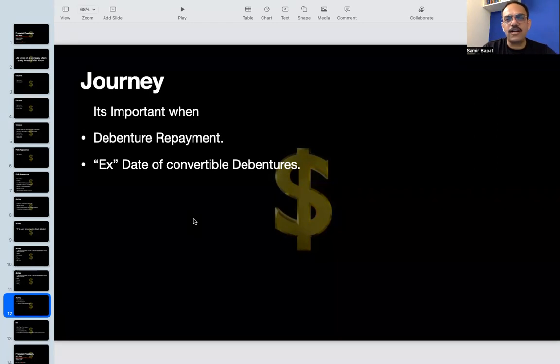Debentures will get converted into shares, and instead of money, shares will be allocated to the shareholders. So that was one thing which used to happen. Again, whenever this happens, the share price will go down in the market.